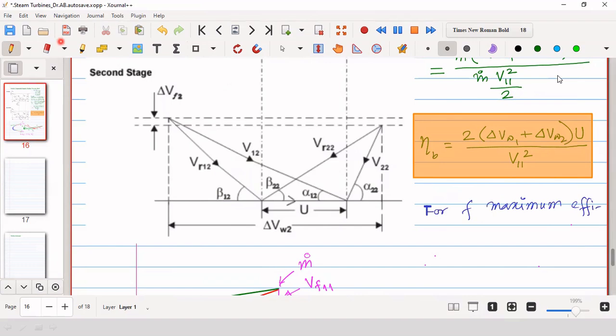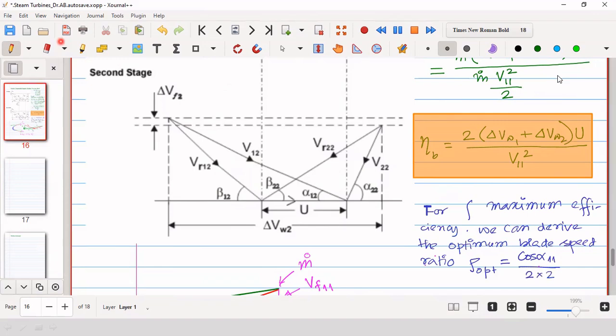Efficiency, we can derive the optimum blade speed ratio, that is rho optimum, to be equal to, here it will be cos alpha 1 by 2 into 2.